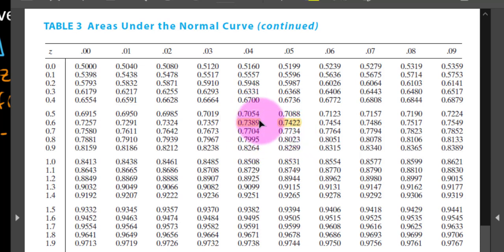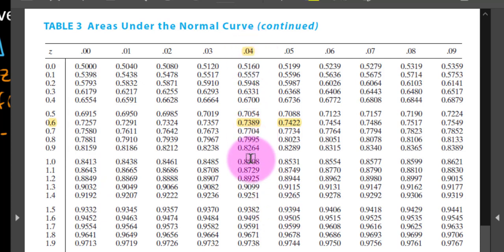Now that we've identified the closest probability to 0.74 in this table, let's see that it is in the row that says 0.6, and in the column that says 0.04.